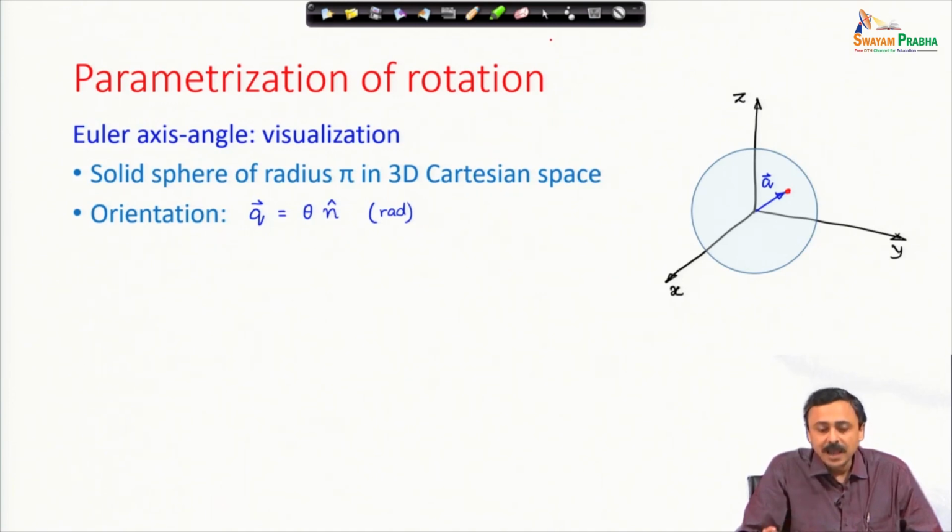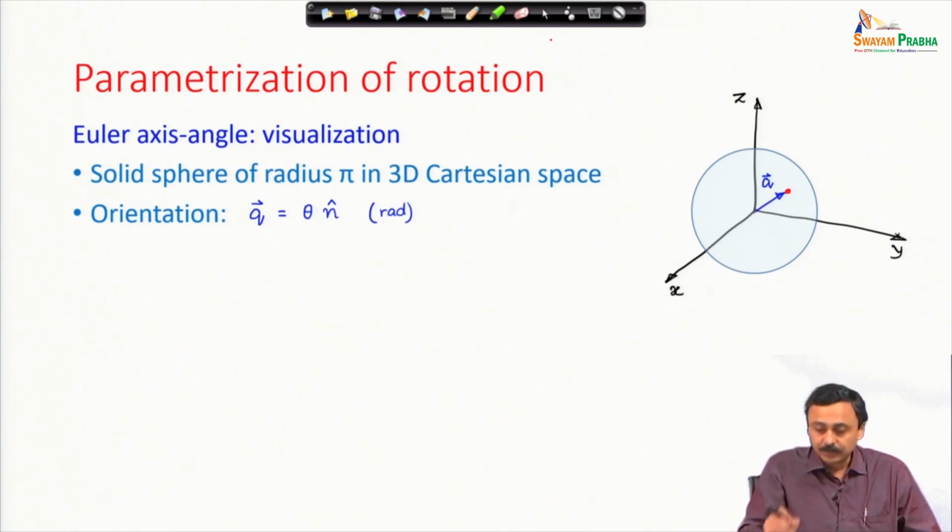Any point inside this sphere of radius pi will therefore represent an orientation, like this red dot represented by this vector q, whose magnitude is the angle of rotation and whose direction is the direction about which this rotation is taking place.